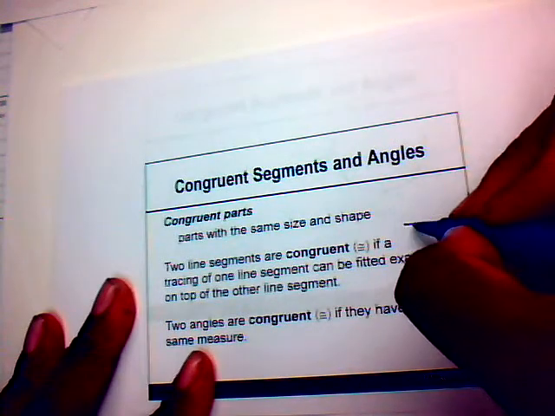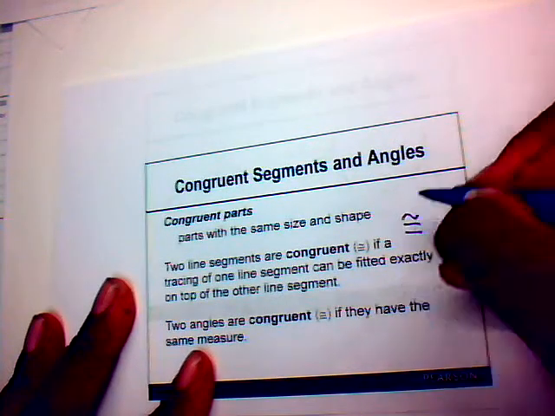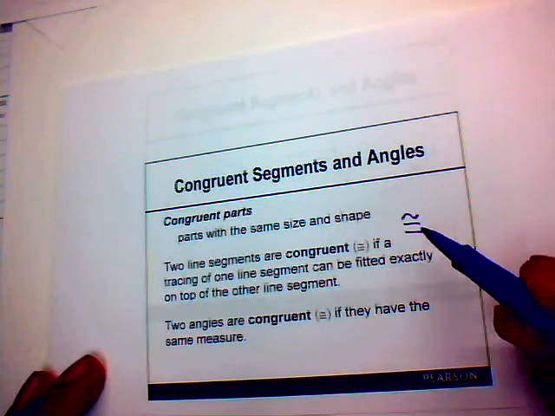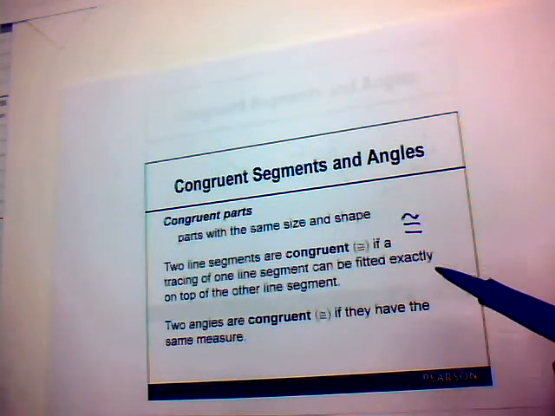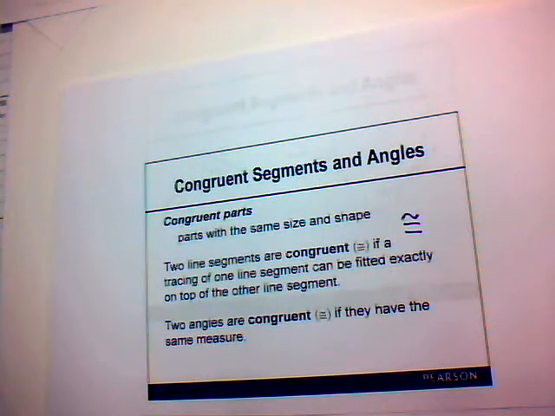That's the equal sign with the squiggly mark on top. So 2 line segments are congruent if a tracing of one line segment can be fitted exactly on top of the other line segment. And also 2 angles are congruent if they have the same measure.